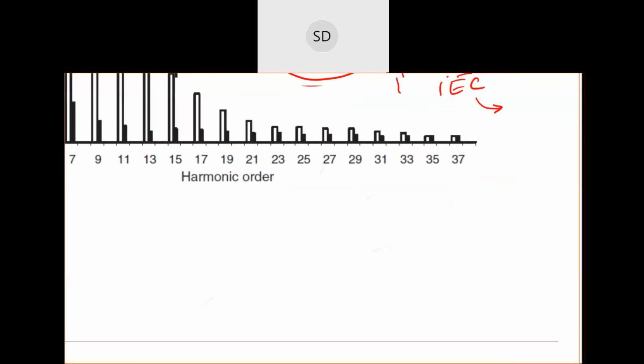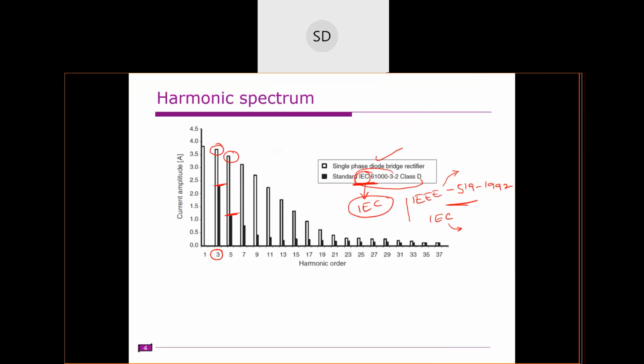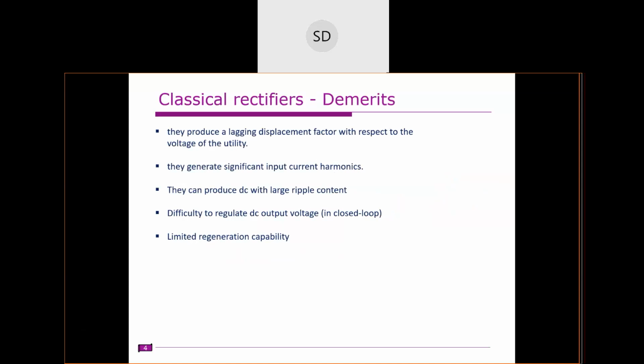They will not allow this kind of converter to operate when the harmonics are very high, right?